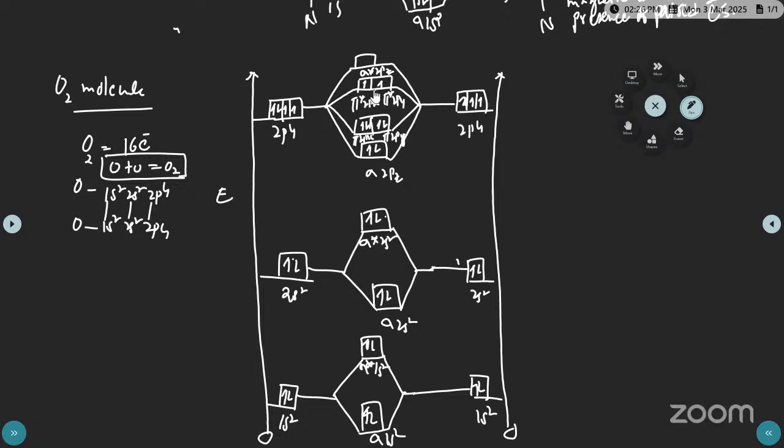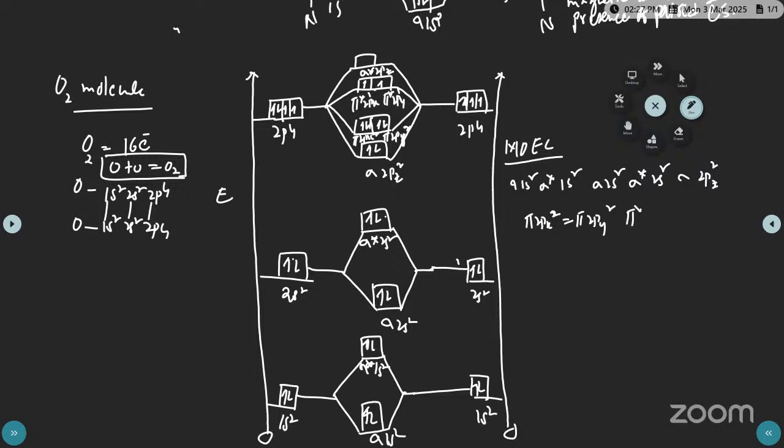Write the molecular orbital electronic configuration: sigma 1s2, sigma star 1s2, sigma 2s2, sigma star 2s2, sigma 2pz2, then pi 2px2 equal to pi 2py2, and pi star 2px1 equal to pi star 2py1.